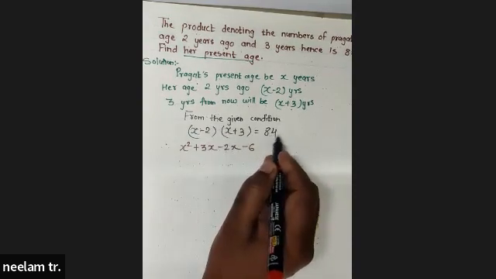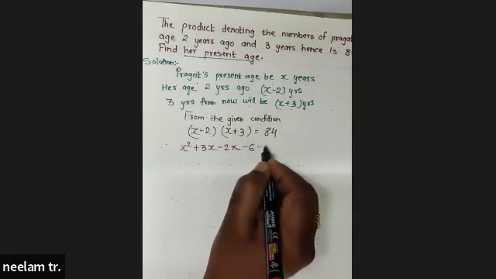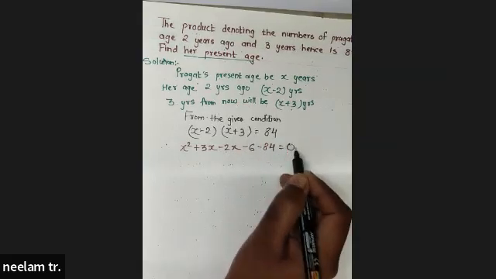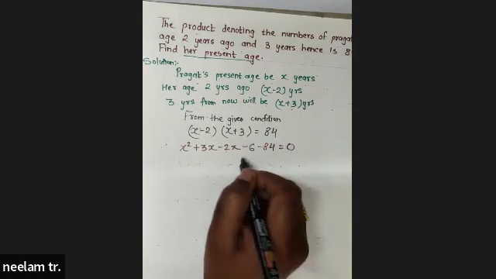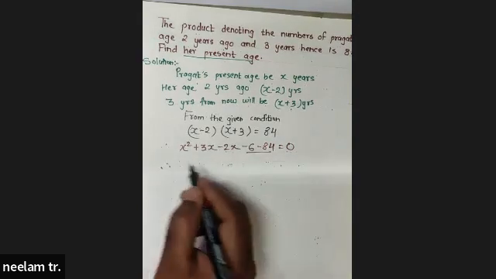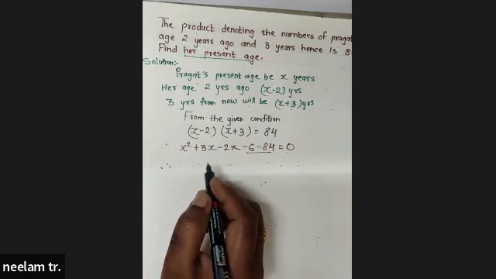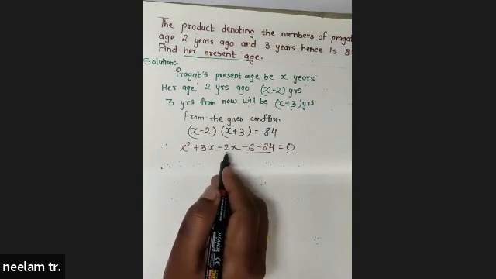Then the 84 will come to this side, so minus 84 is equal to 0. Now solve this. That is your x square, and 3x minus 2x will be x.